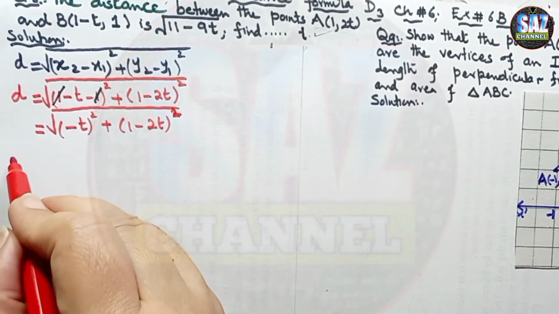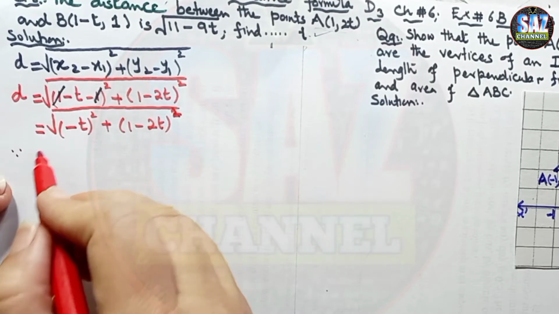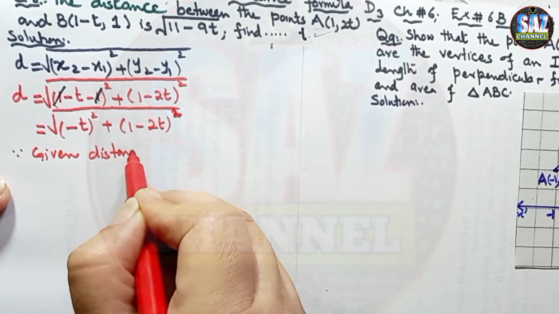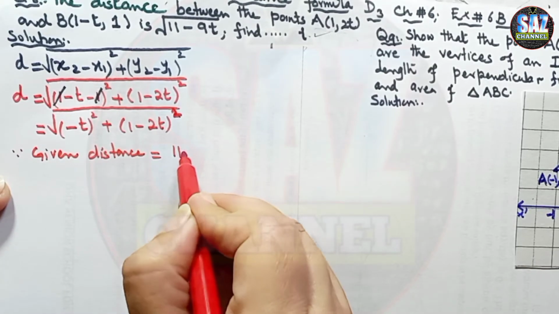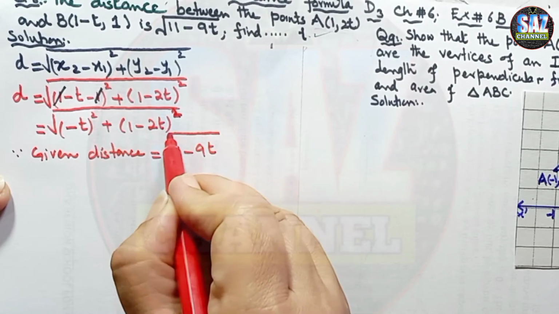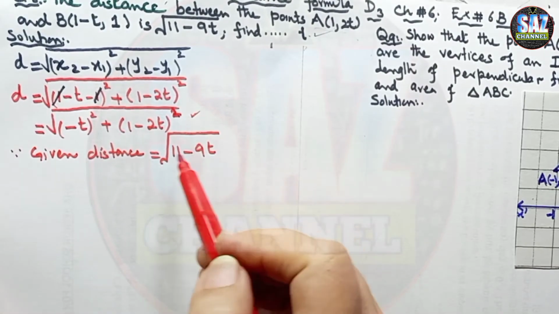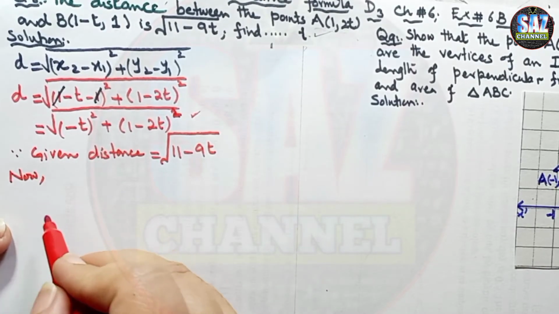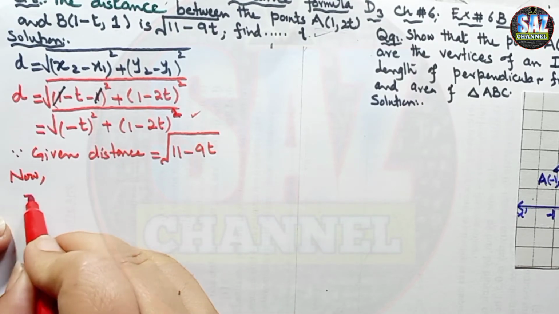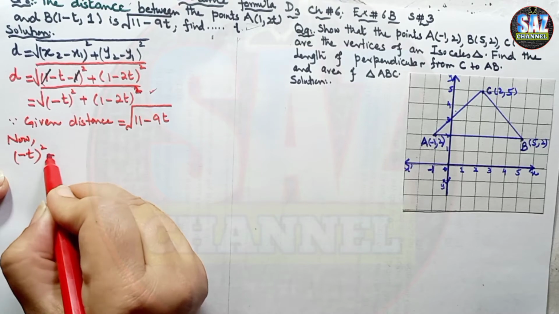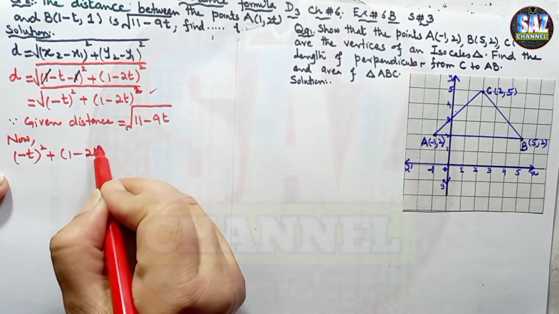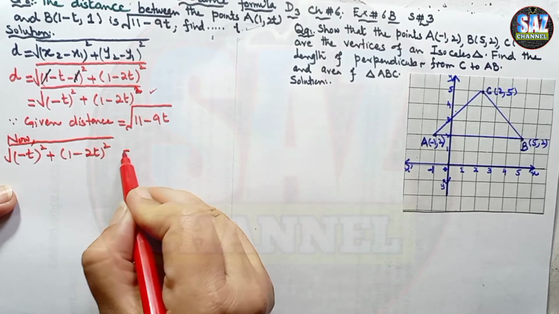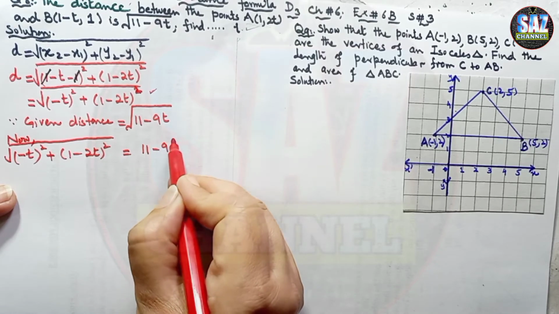Now because the given distance is equal to square root of 11 minus 9t, we have to compare these two answers. It's always good to support your working with small statements and phrases. So the square root of minus t square plus (1 minus 2t) whole square equals the square root of 11 minus 9t.